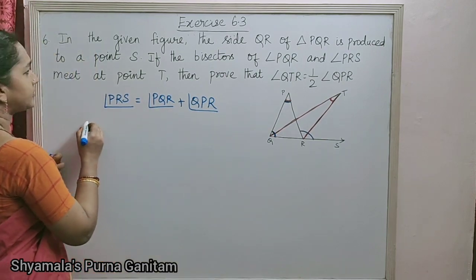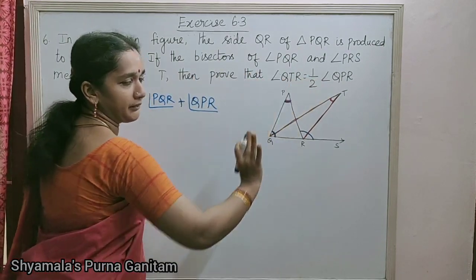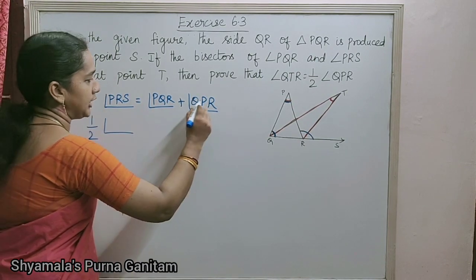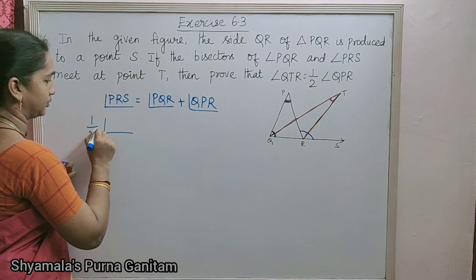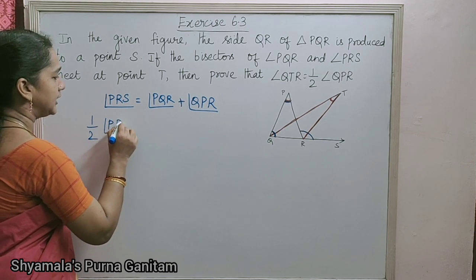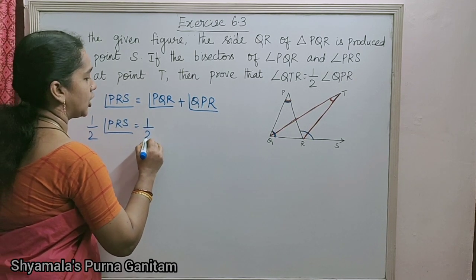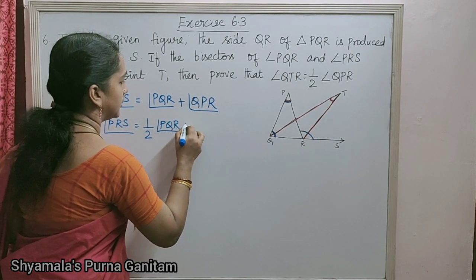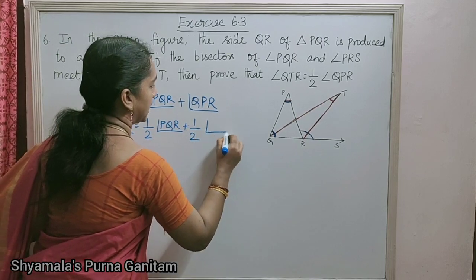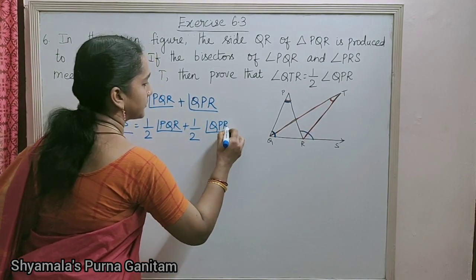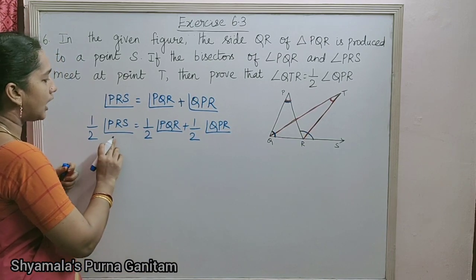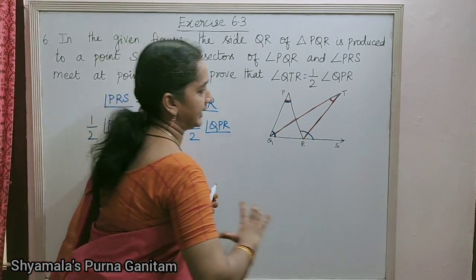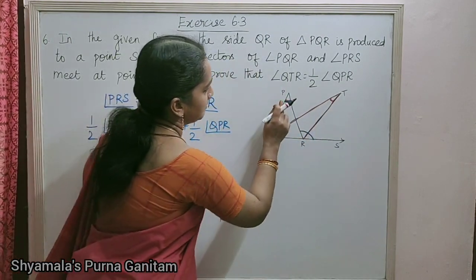Somehow I have to get this answer. So for that, I am dividing the whole equation throughout by 2, or multiplying by 1 by 2. Half of PRS is equal to half of PQR plus half of angle QPR. Half of PRS I can write as TRS.